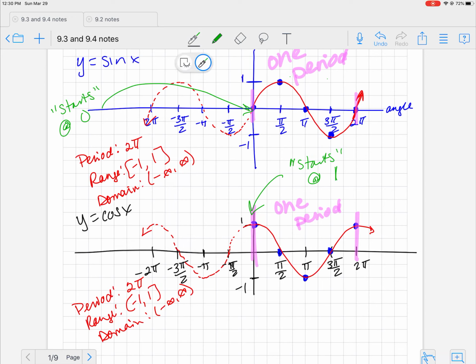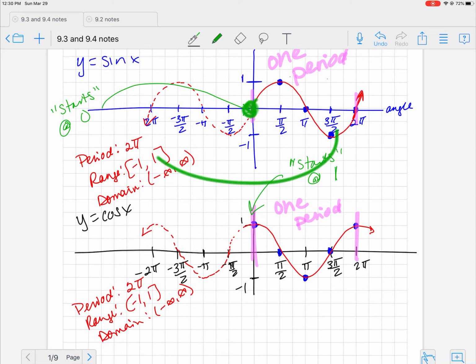Sine and cosine basically look like the exact same curve, except cosine here is shifted pi over 2, really, right? So shifted here with this pi over 2. Otherwise, it would also look like your sine curve. Do you see that? Okay. So now let's take it back to what we know a little bit about functions, right?